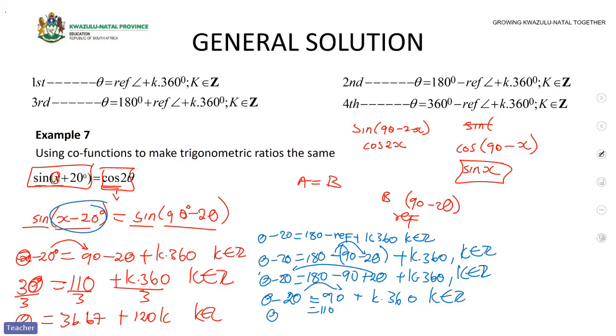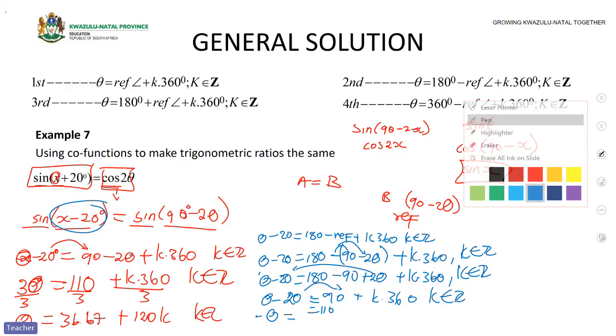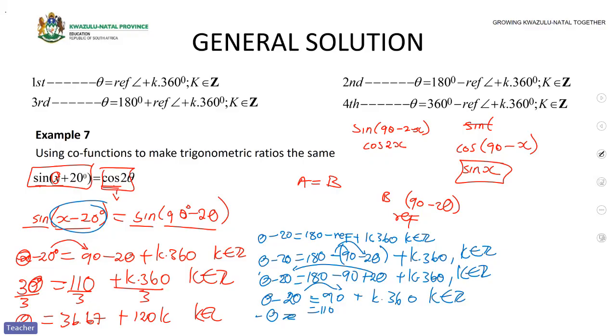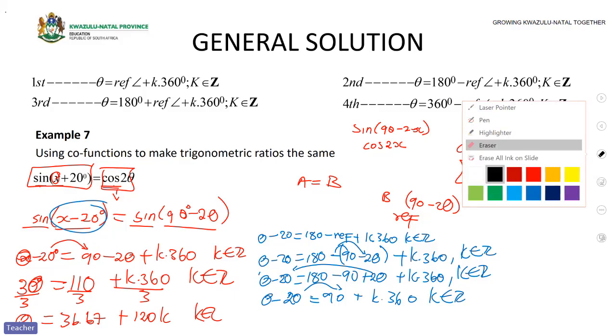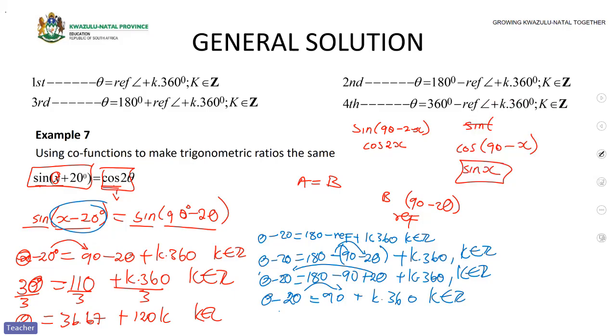Then theta minus 2 theta will give us negative theta equals 110. It should be 110 here. So it's going to be negative theta equals 110, so it's 90 plus 20 plus k times 360, where k is an element of all integers.